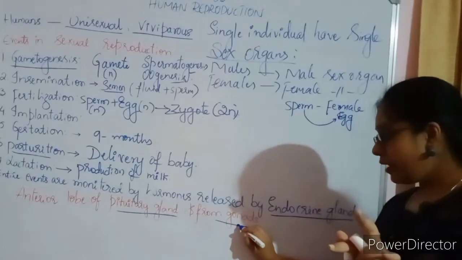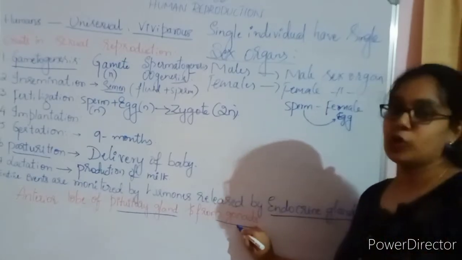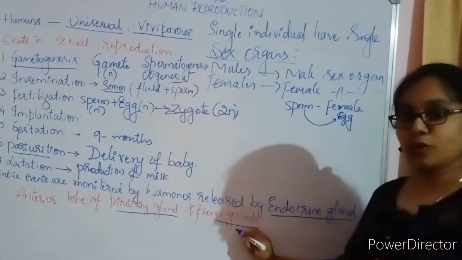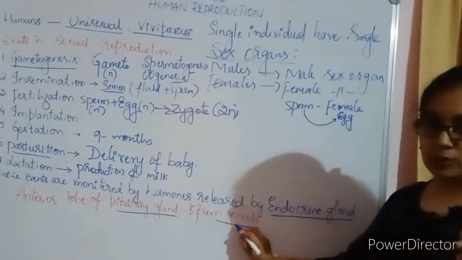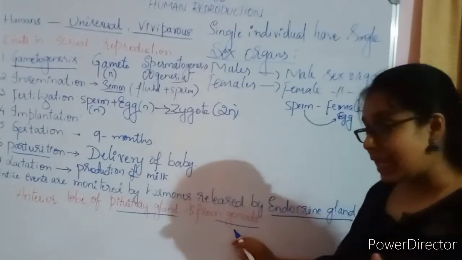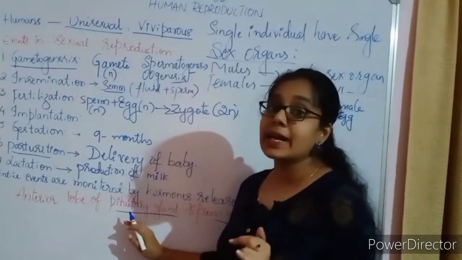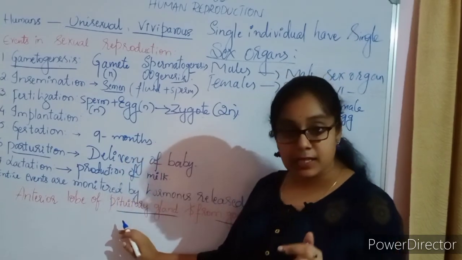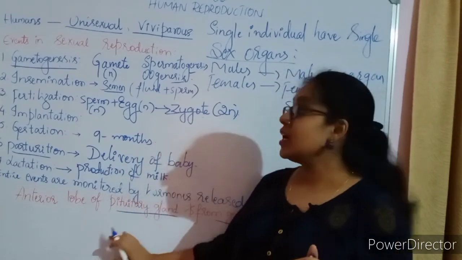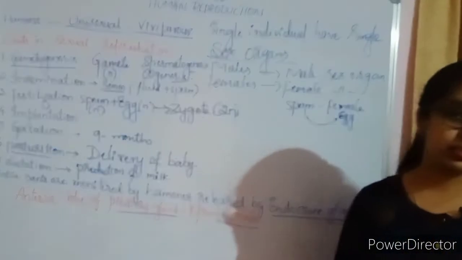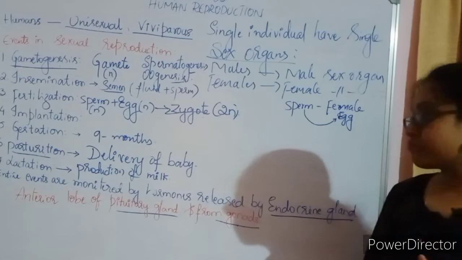If you have no idea about these gonads, in a few seconds you will come to know what they are, so don't worry about that. Hormones released by the gonads, as well as hormones released by the endocrine gland called the pituitary gland, monitor the entire events of sexual reproduction. Clear to you? Yes.